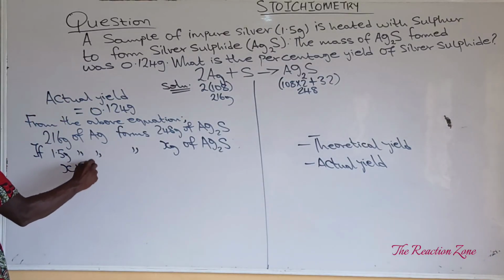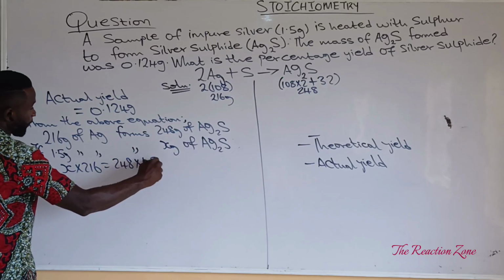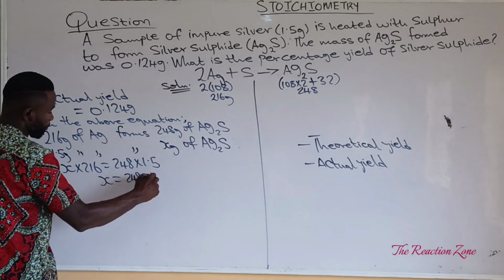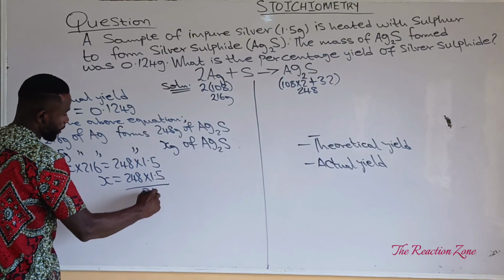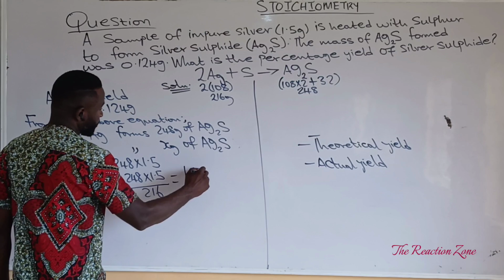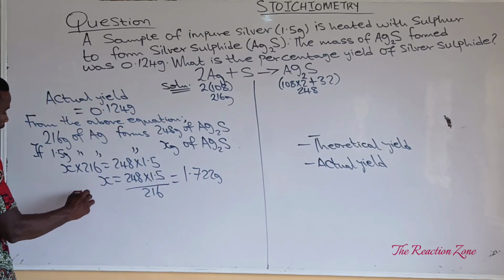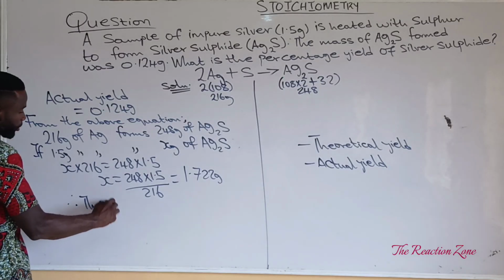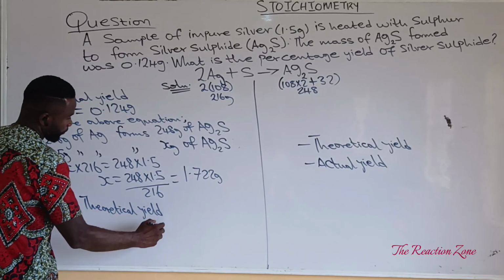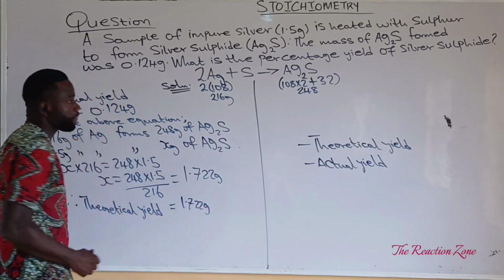X times 216 is equal to 248 times 1.5. X is equal to 248 times 1.5 over 216, and this is going to give us a value of 1.722 grams. This therefore means that the theoretical yield is equal to 1.722 grams.